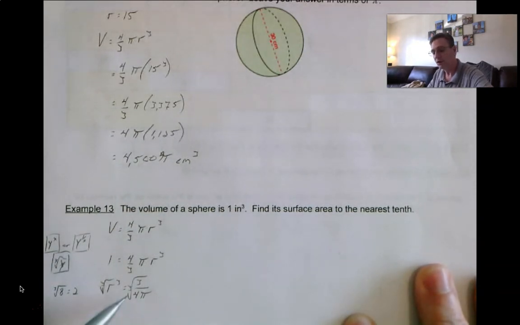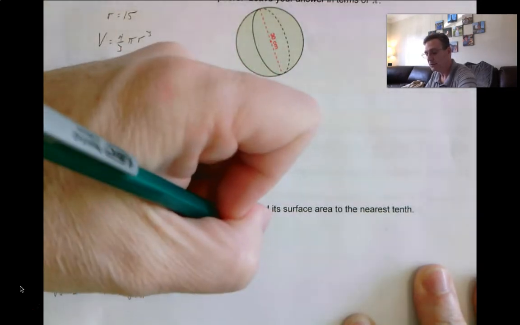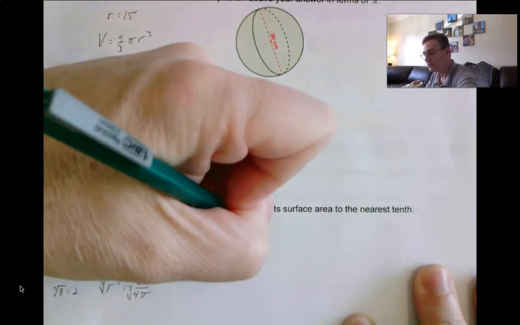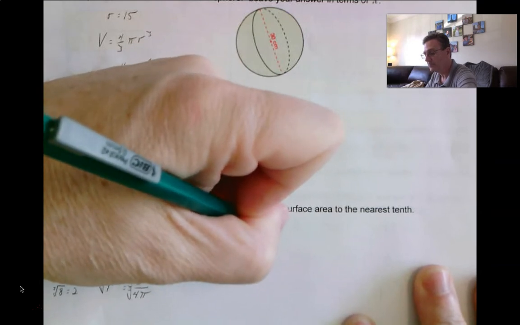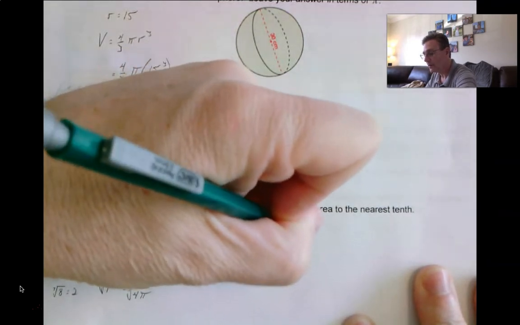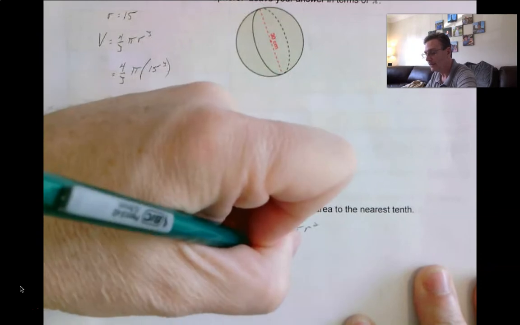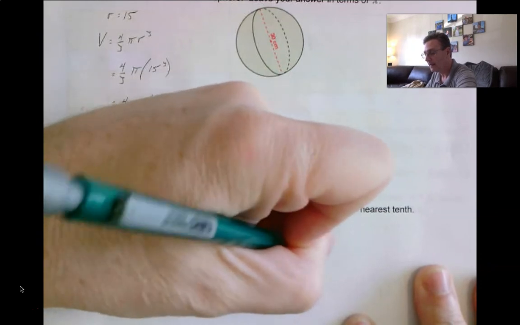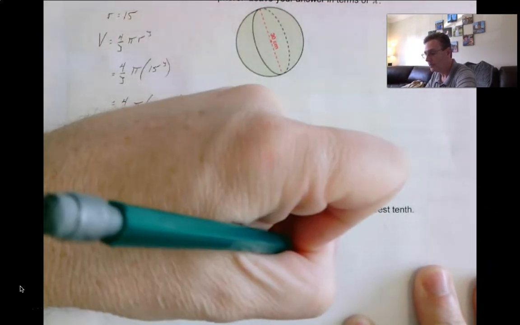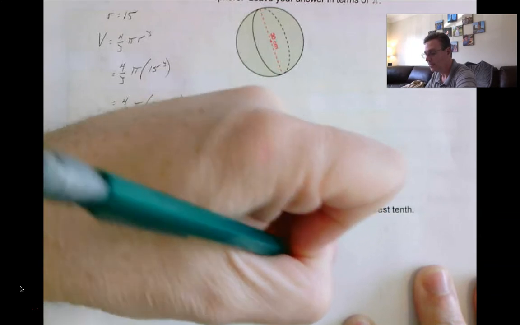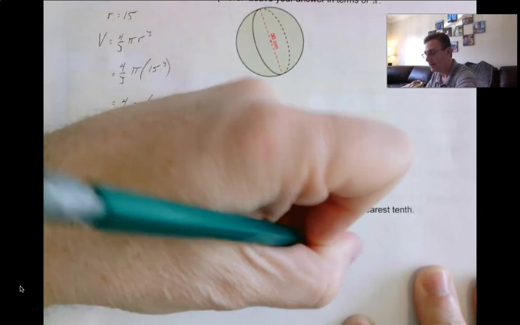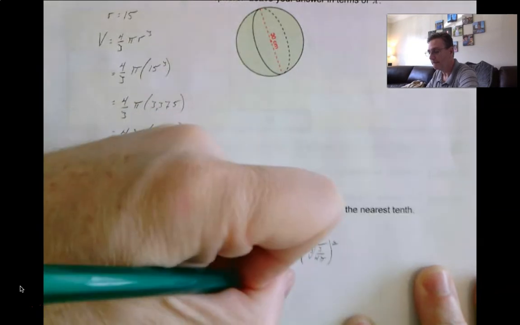I'm going to leave it as cube root of 3/4 pi for now. I'll go to the calculator at the end. That's my r value. So my surface area equals 4 pi r squared, 4 pi times the cube root of 3/4 pi, squared.